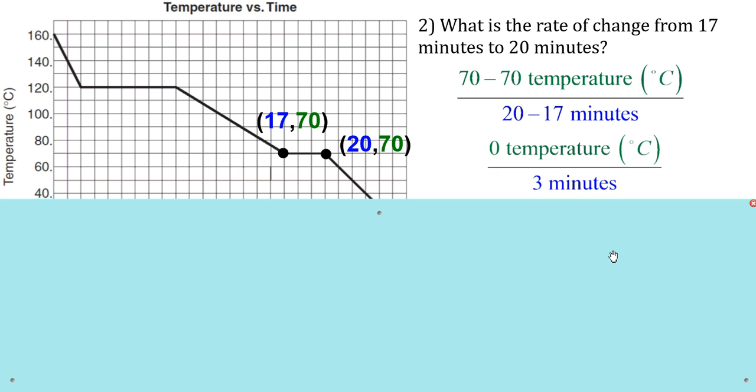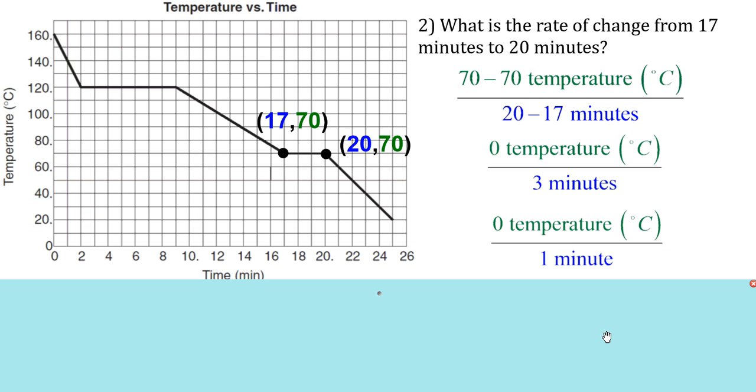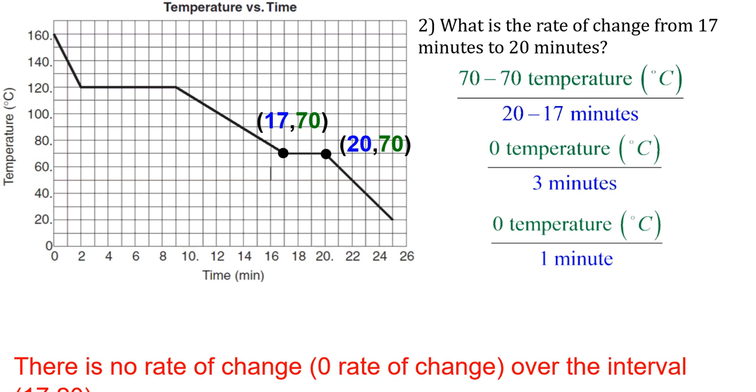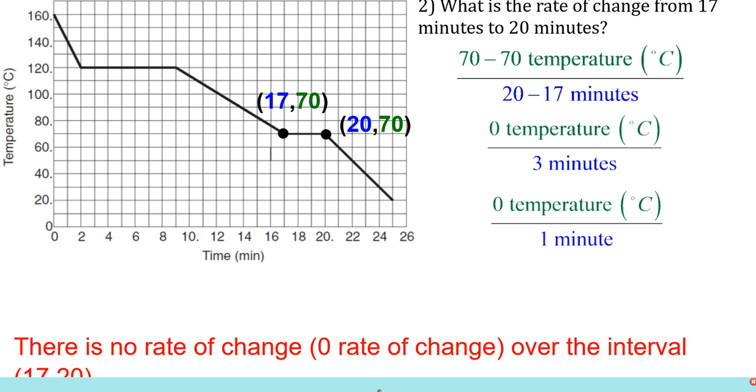Notice there was no temperature change over the 3 minutes that passed. So we could say that it's 0 degrees for every minute. This is representing your constant interval where it has a rate of change of 0. So we can say that there is no rate of change over the interval of 17 to 20 minutes.